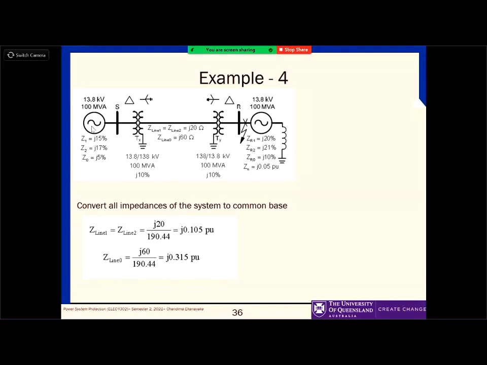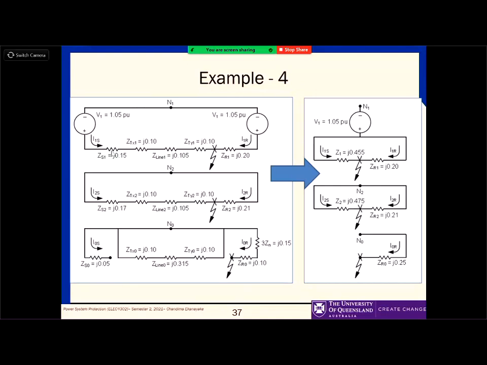So in the left-hand side, you will have 1, 2, 3, 4 impedances, right? That's what you can see here. Same for this one. Now let's look at the zero sequence, which is the more interesting one, right?